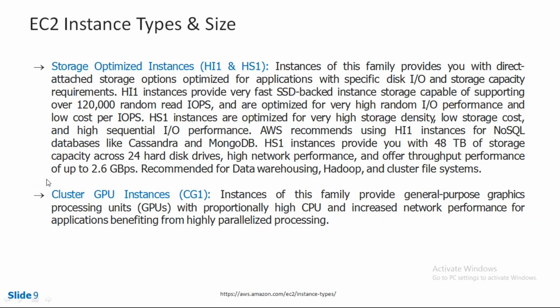So then cluster GPU instances, G-type instances of this family provide general purpose graphics processing unit GPUs with proportionally high CPU and increased network performance for applications benefiting from highly parallelized processing.